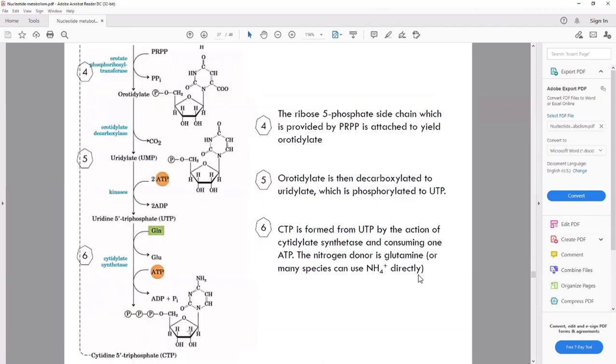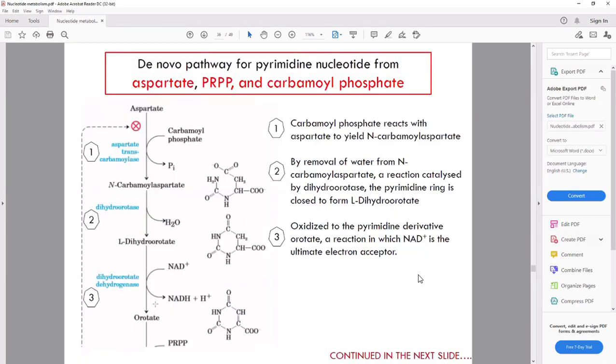Next is the orotate. It involves the contribution of aspartate in this reaction.